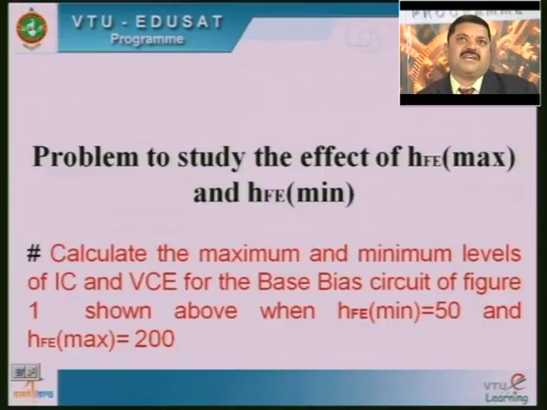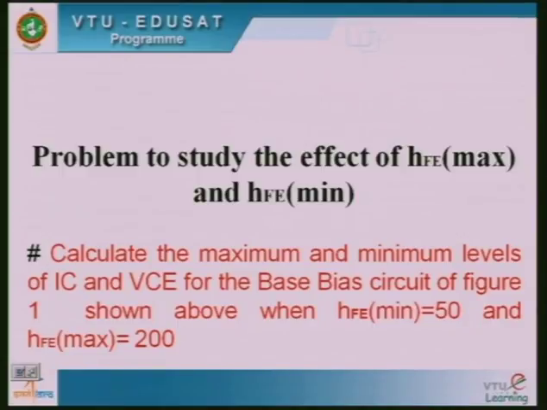For a biasing circuit, the HFE max effect and HFE min effect are very important, so that we can decide whether the bias circuit is good and giving a faithful amplification or not. For getting faithful amplification, we must have a minimum change in the operating point if we change the HFE min and HFE max.